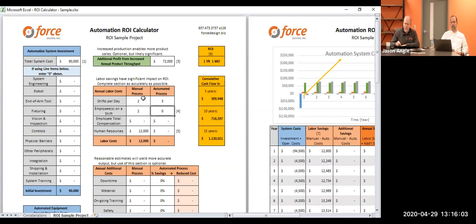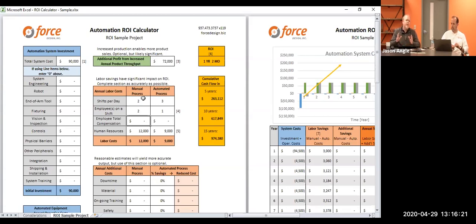The next row, this one I really like to pay attention to, because if you're taking a manual process and you're transferring some operators to higher value positions, if those employees all make roughly the same, your compensation doesn't change in these 2 areas.